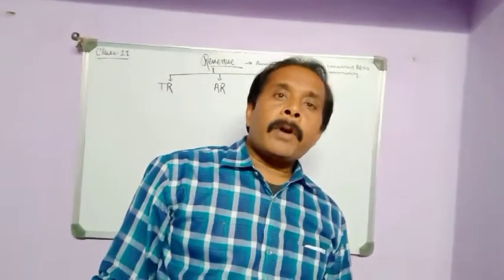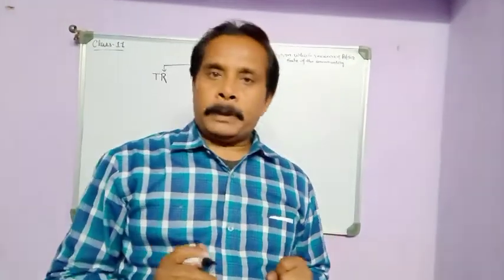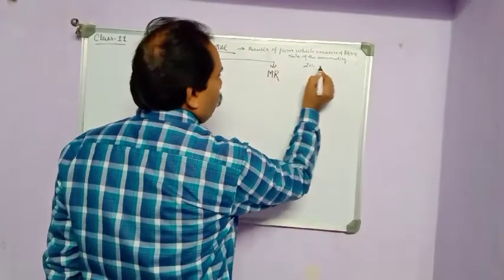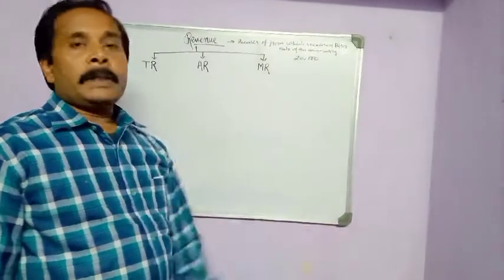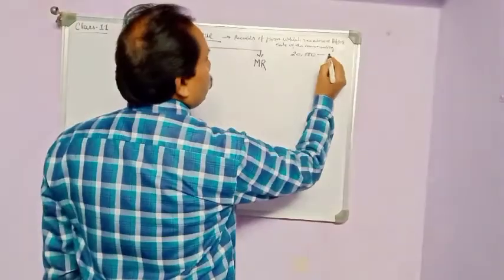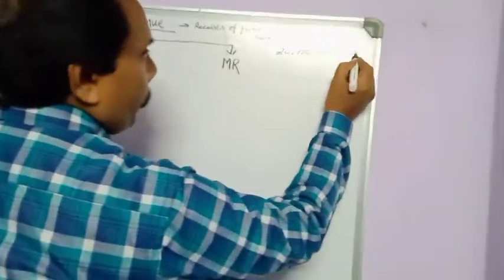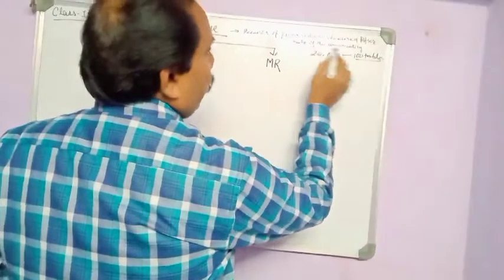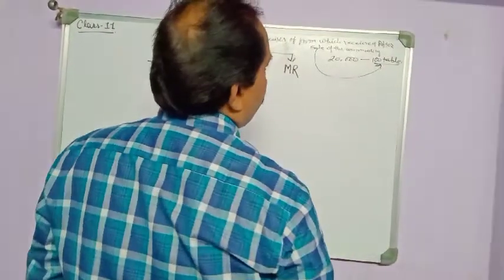So if a firm gets, suppose, 20,000 rupees, this 20,000 rupees is received by a firm after the sale of, suppose, 100 tables. So the sale of the commodity is 100.